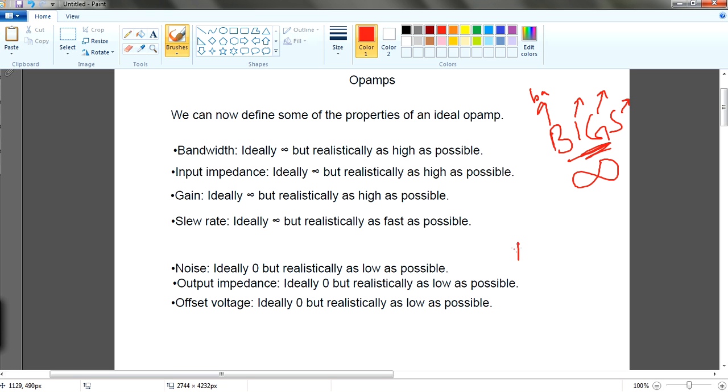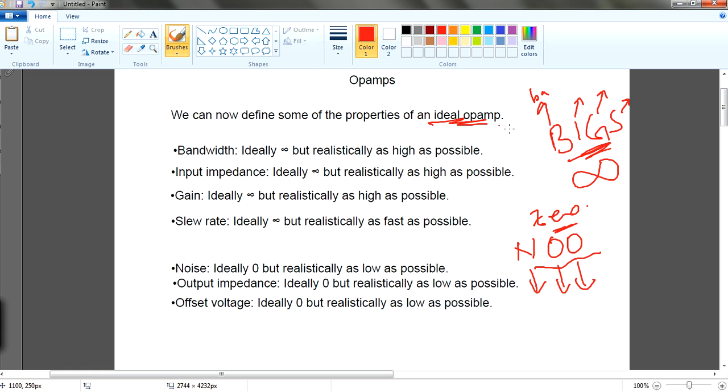And then no means 0, ideally zero: noise, output impedance, and offset voltage. So it is somewhat easier to memorize, like a mnemonic. So in other words, if it's an ideal op-amp, you will have big and no.